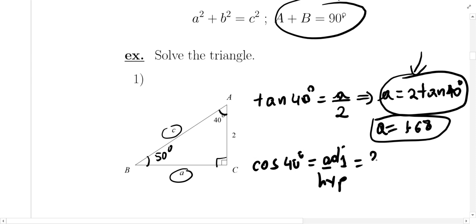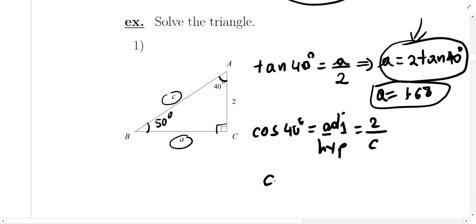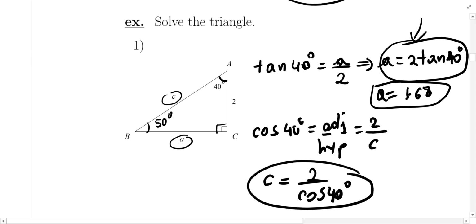Adjacent is 2 and hypotenuse is our C. So to solve for C, it's going to be 2 divided by cosine of 40 degrees. Again, this will be an accepted answer, but if you want to find out the actual value, you would put it in a calculator.